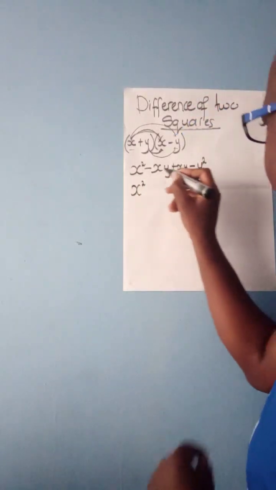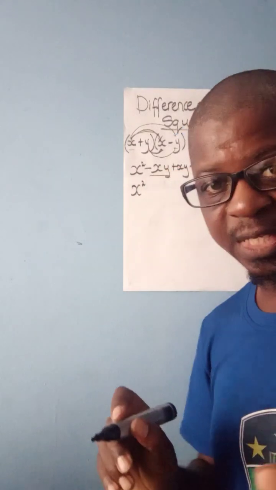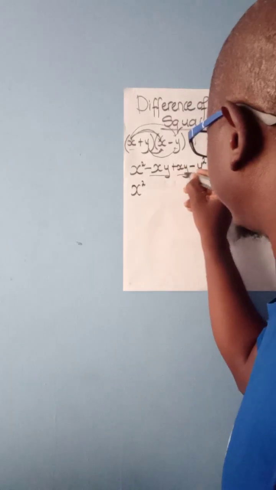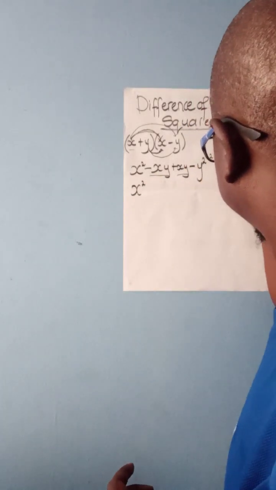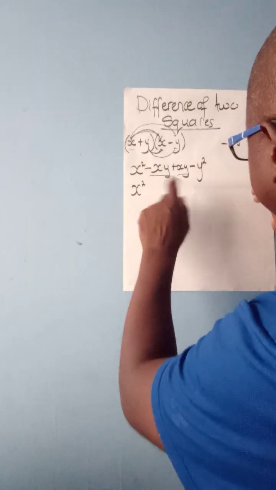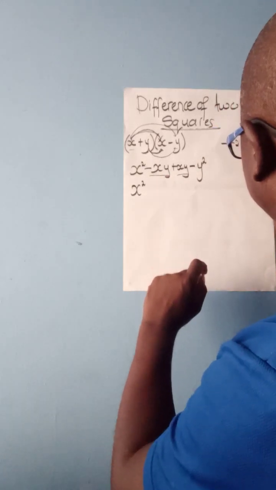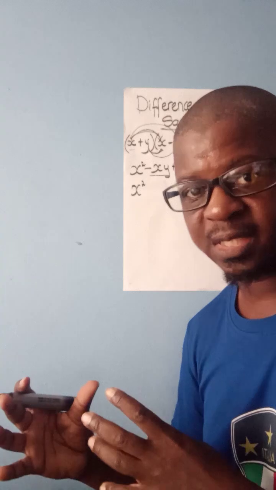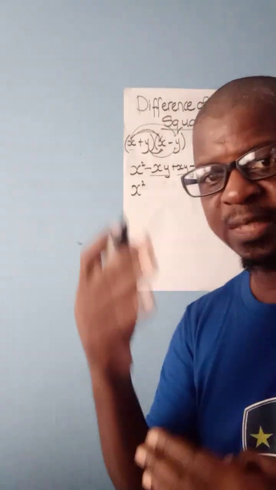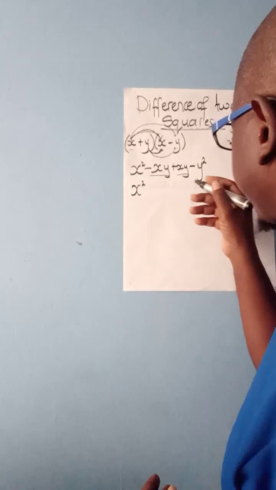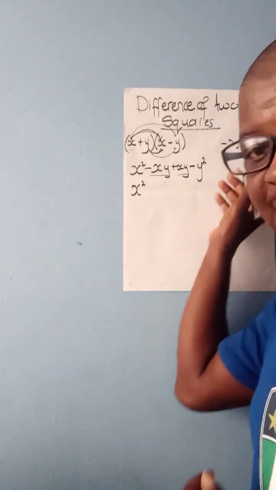When we look here, we actually have a negative xy and a positive xy. So we can have a look at it in this way, as in negative 2 with a plus 2. This is just a random example where I'm saying minus 2 plus 2 is actually 0, because these will cancel out.